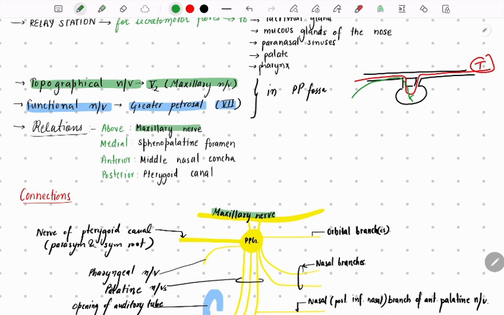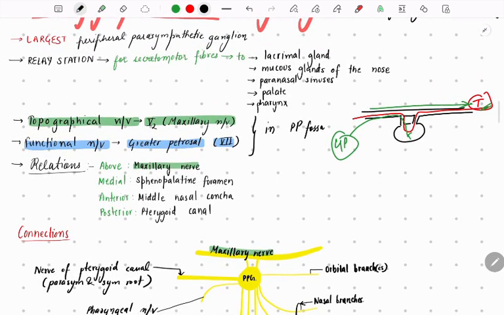Like in this one, the maxillary nerve is the topographical nerve. This one is the continuation of the maxillary nerve only. While the greater petrosal nerve comes into this ganglion, relays here, and ends right there. Then we have the postganglionic fibers: after the relay, the fibers join the topographical nerve only.